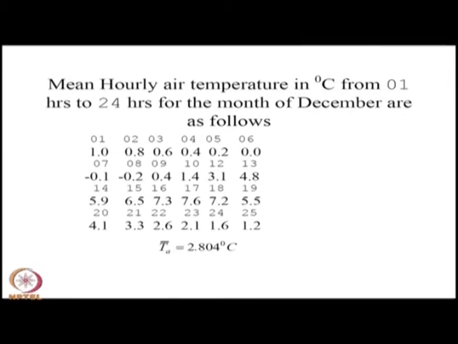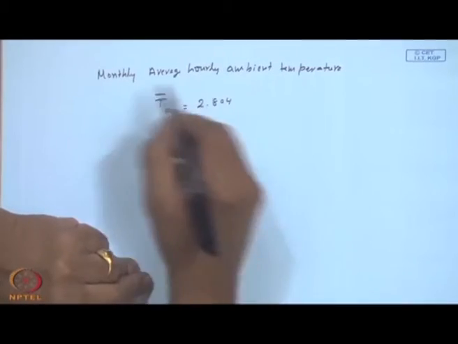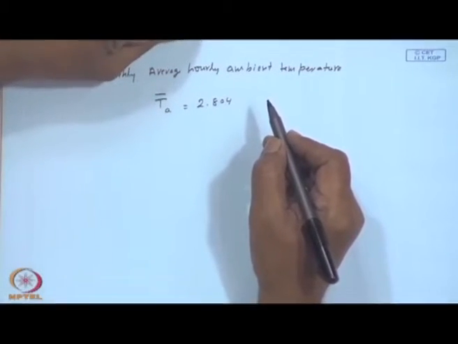So, this table will give you the 24-hour data, and I first calculated the average for the day, which turns out to be 2.804, by summing those numbers and dividing by 24.